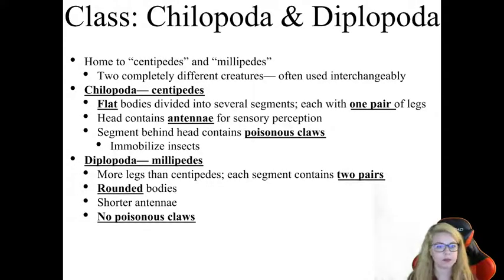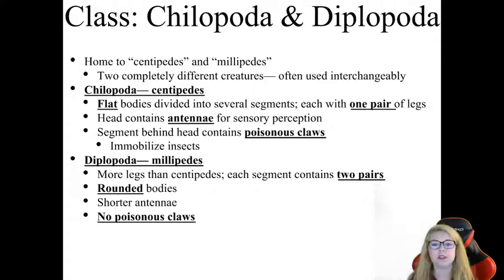All right, so don't get confused because we've covered arachnids and the centipedes and millipedes in the same video, but while arachnids do not have antennae, the centipedes here and the millipedes as well do. The second segment right behind the head contains poisonous claws, which help to immobilize insects, and that's how they are involved in capturing their prey.